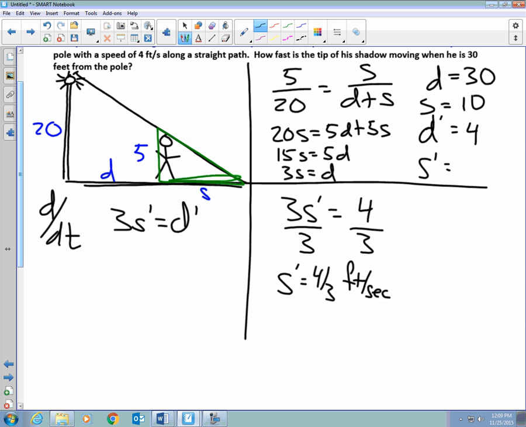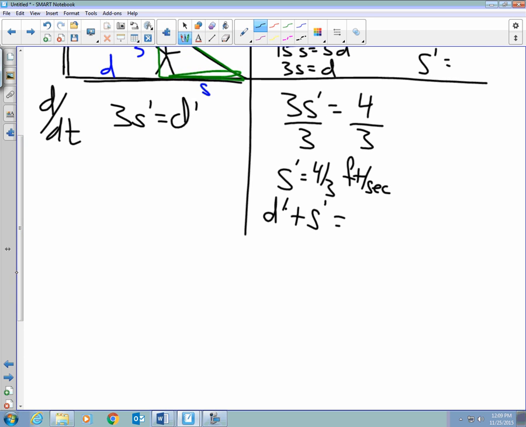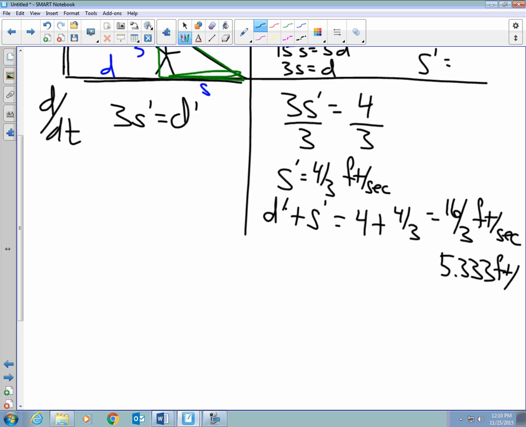So in order to calculate how fast the shadow is moving, I must take D prime and add it to S prime. D prime is 4 plus 4 thirds, or 12 thirds plus 4 thirds is 16 thirds feet per second, or 5.3 feet per second.